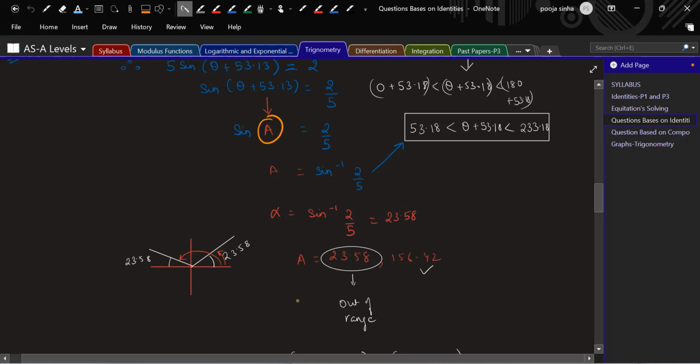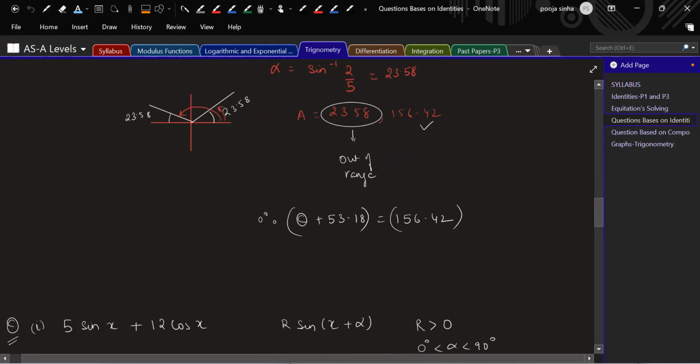Okay? And what A, we have to find theta finally, right? So what are we going to write? That means theta plus 53.18 is either this or this or whatever, depending on the range given, you will keep writing all the values, right? Okay.